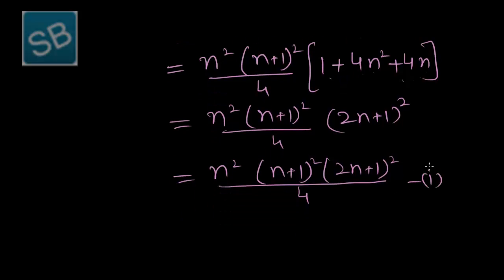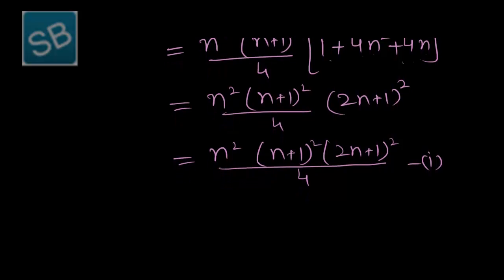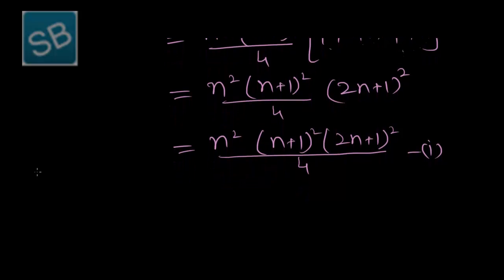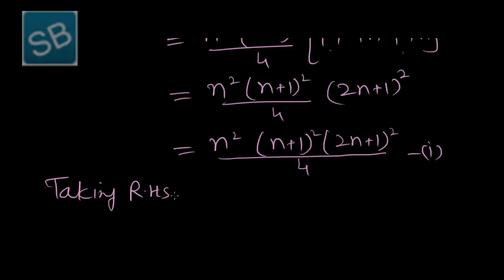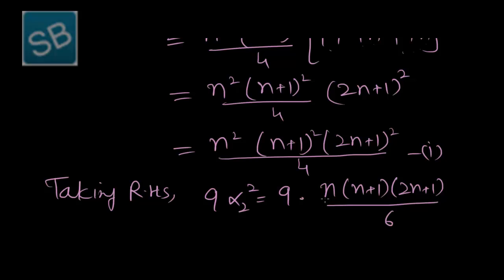Now taking the right hand side. We get 9 alpha 2 square. Alpha 2 is the sum of squares of natural numbers, that is n into (n plus 1) into (2n plus 1) over 6, and this alpha 2 whole square gives the square.